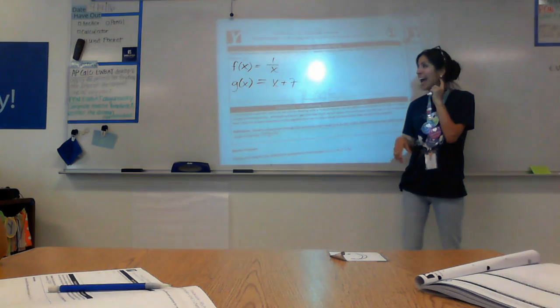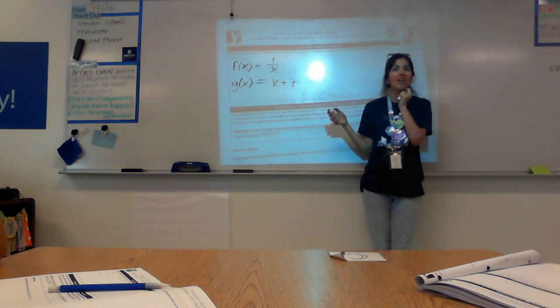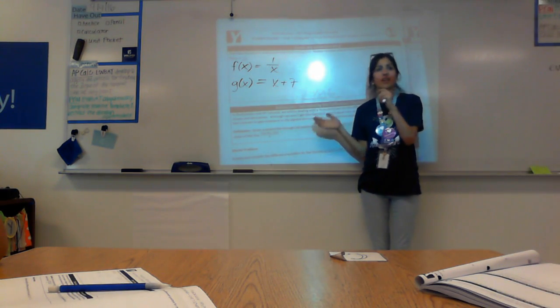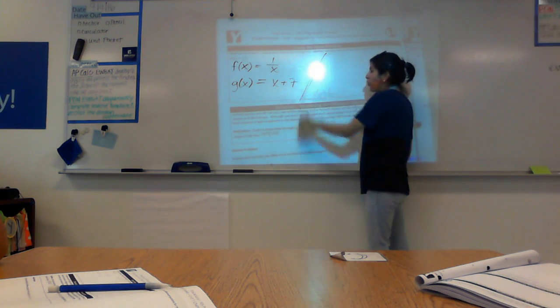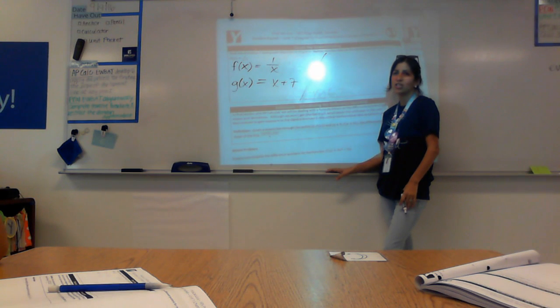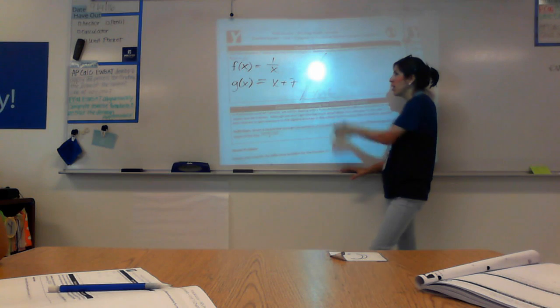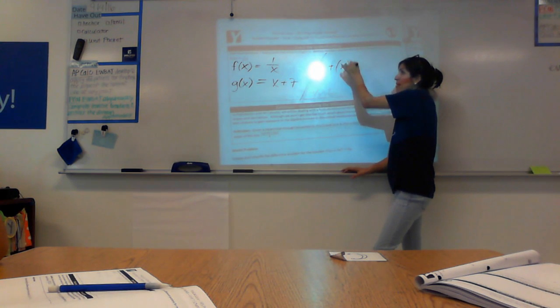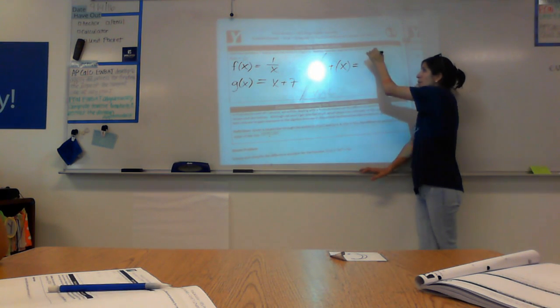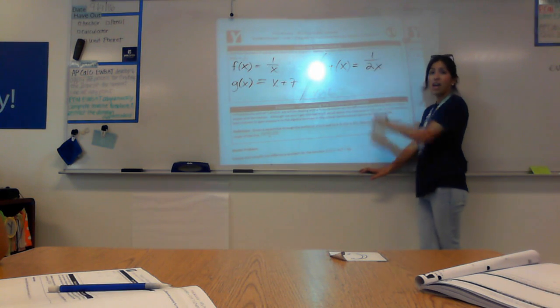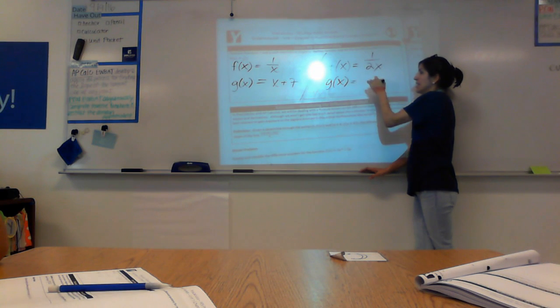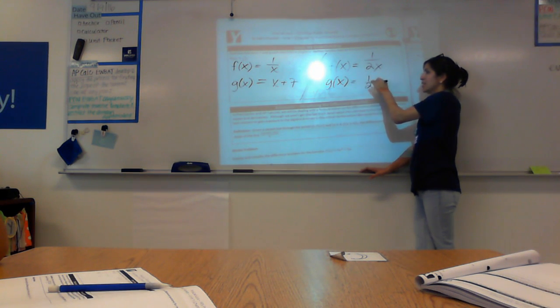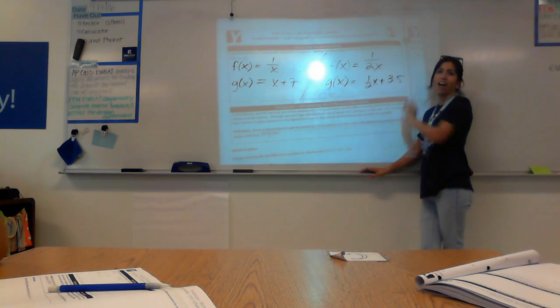Armando and I were talking, I couldn't really think of another pair here to provide additional support unless I get really, really creative, which is kind of strange. So if you're longing to know if there's something else that would work, if I was feeling fancy, I could make this 1 over 2x and make g then 1/2 x plus 3.5.